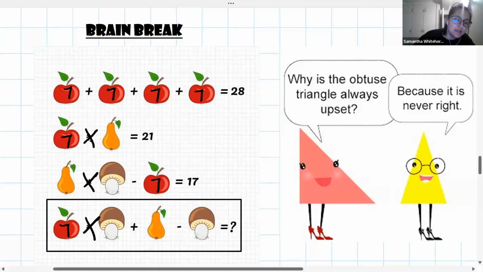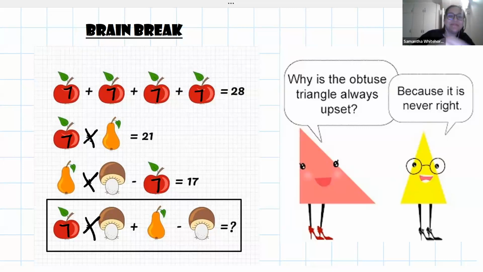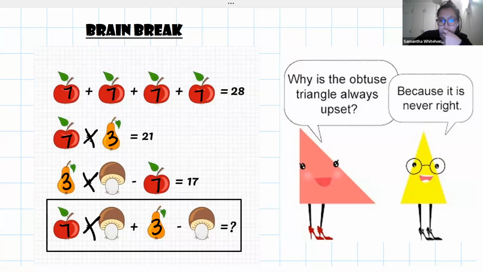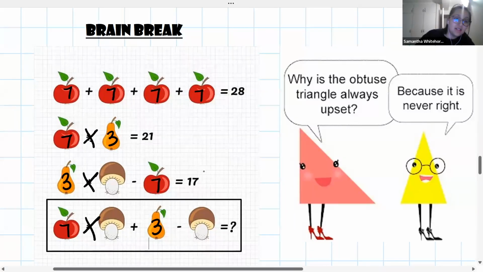Then I saw the 21 and I realized that 7 times 3 equals 21. Then I saw that it is 3. So there is 3 times 8 minus 7.